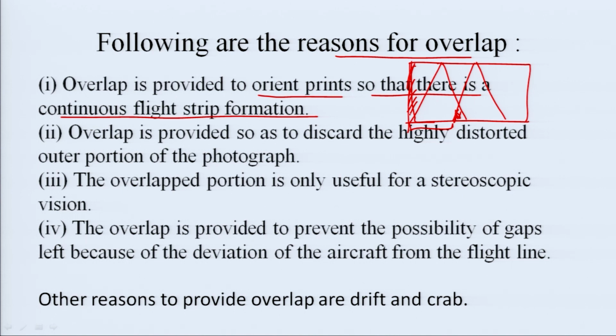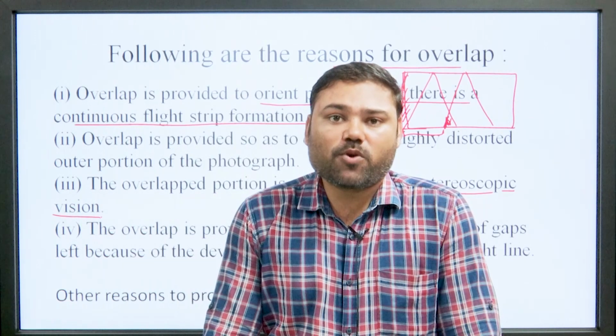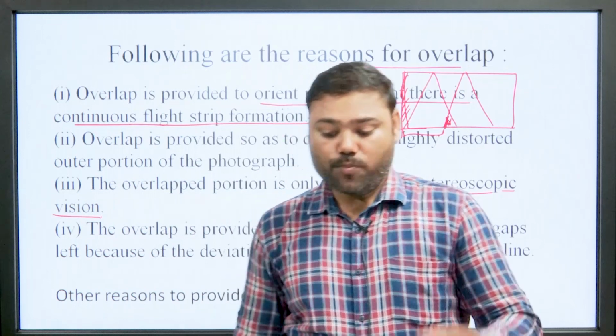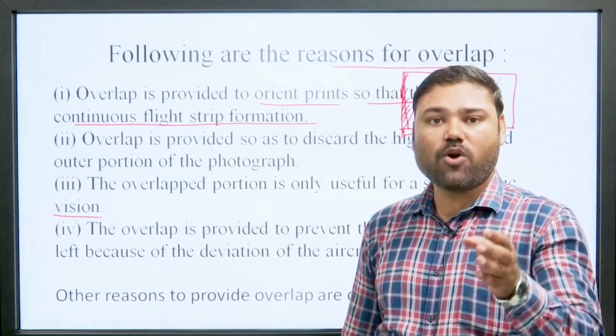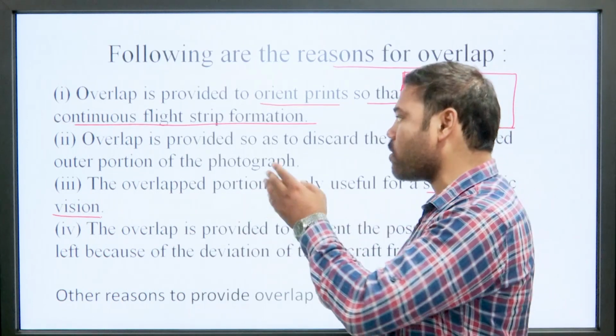Overlap portion is also used for stereoscopic vision. So, what is stereoscopic vision? We will discuss this in our next lecture. The overlap is also provided to prevent gaps that could be left because of deviation of the aircraft from the flight line.